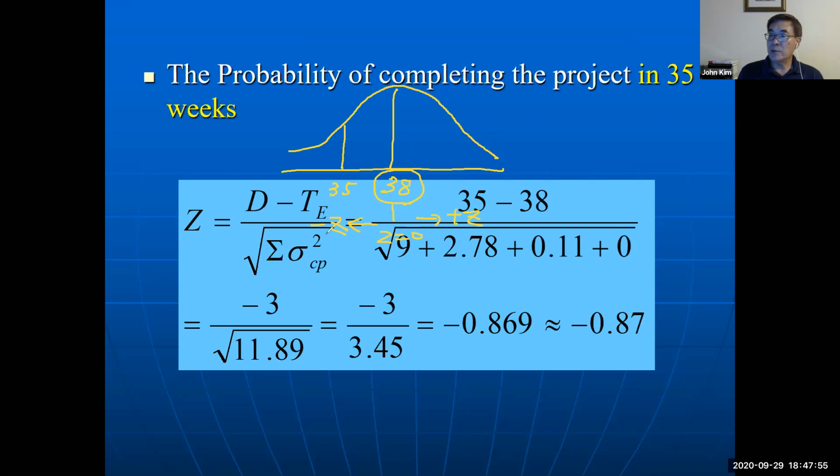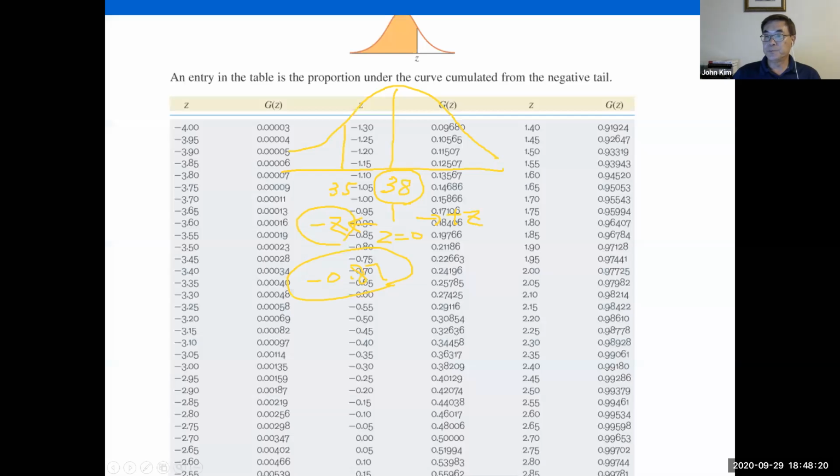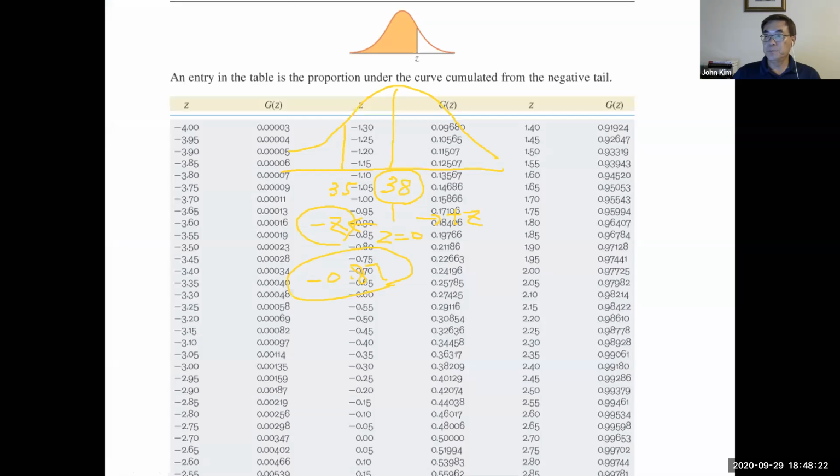So the Z-score is counted from the boundary. So this Z-score is negative 0.87. So using this, we can find the area from the chart.